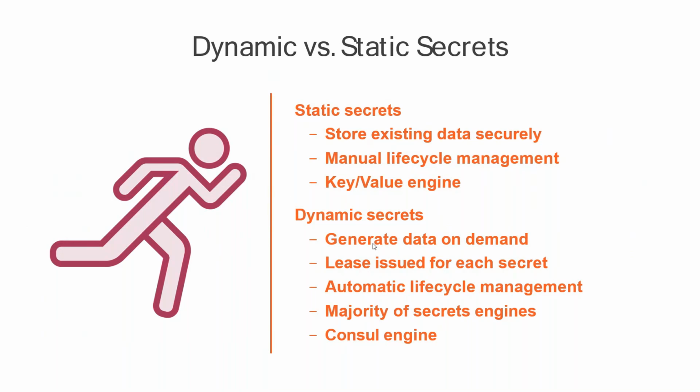That's the life cycle of the secret. So automatic life cycle management means it is created and the moment you use it, it automatically gets deleted also. The majority of secret engines support dynamic secrets. Consul also supports dynamic secrets. If you want static secrets, key and value, you can use that.